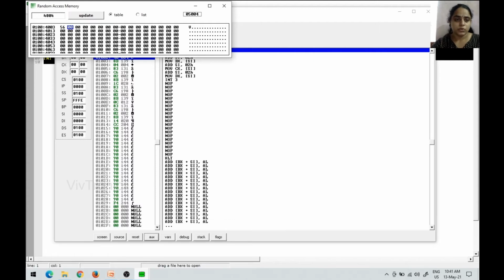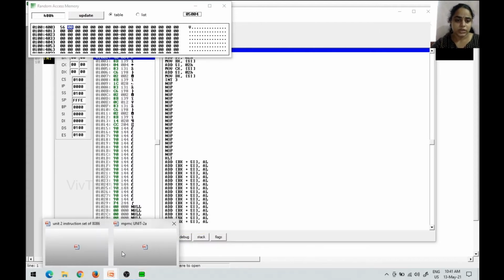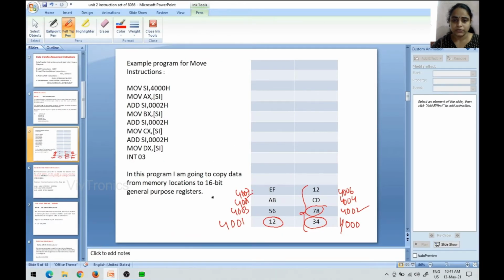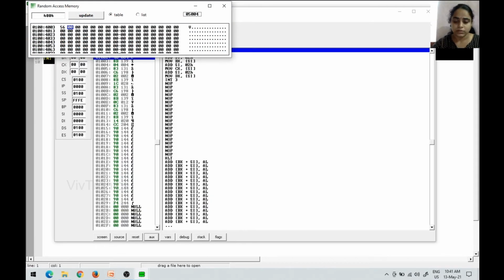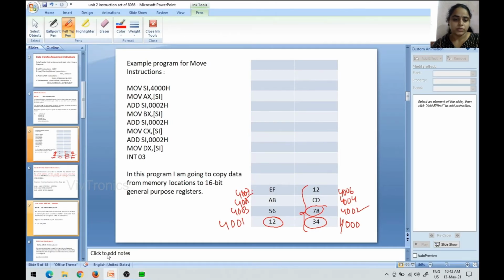In 4004 I have to give the data that is CD. In 4005 it is AB. In 4006 it is 12.